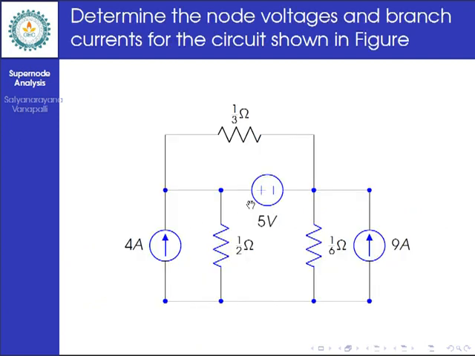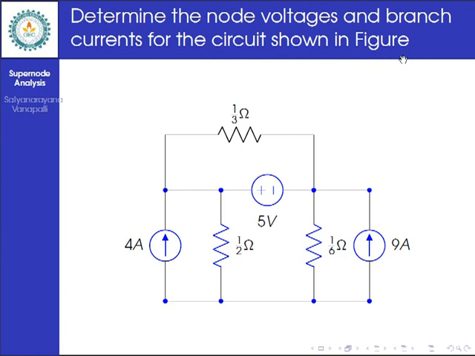Now, this is the circuit which we have taken for our analysis. You are asked to determine the node voltages and branch currents for the circuit shown in the figure. Here I am going to explain how to determine the node voltages.